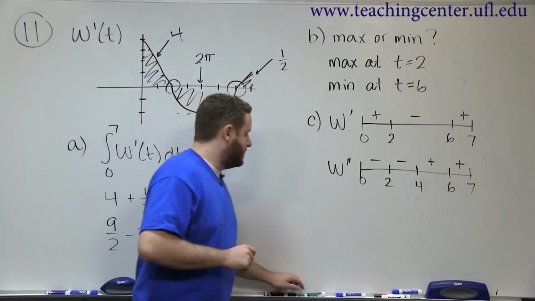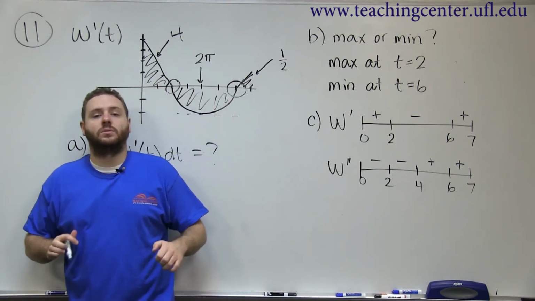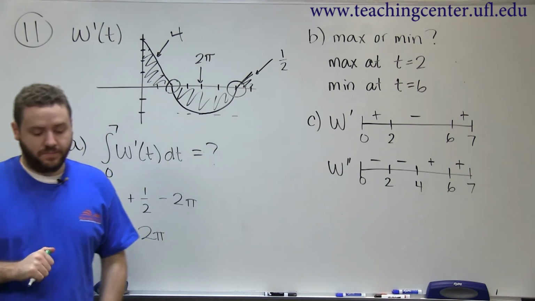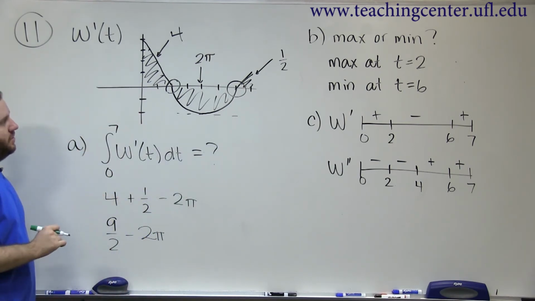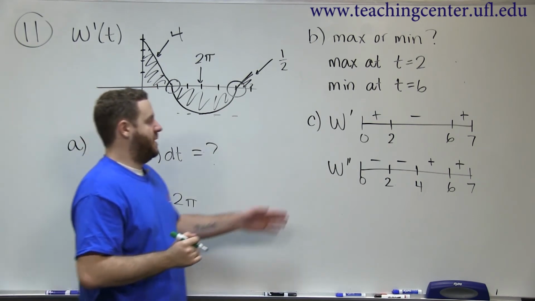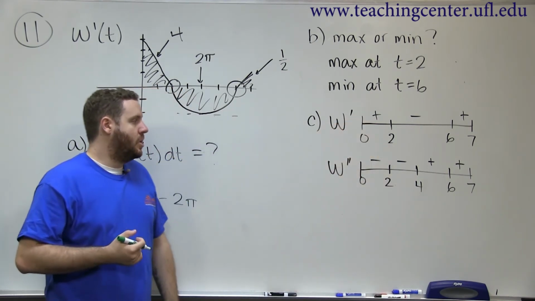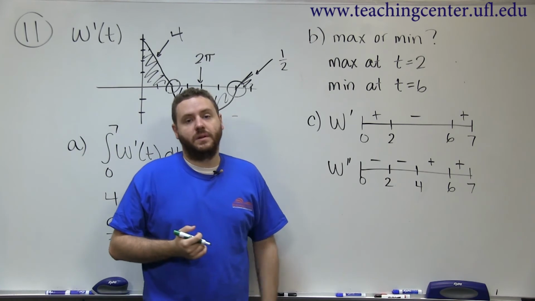So then the last part of this question is we need to graph a possible W function. So we have the derivative in front of us already. Therefore, we have its sign chart. We just made a sign chart for the second derivative.